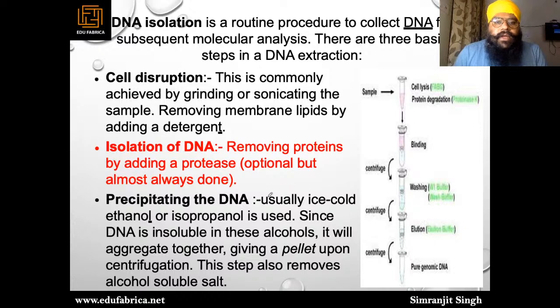Then isolation of DNA involves removing proteins by adding a protease. Then for precipitating the DNA, usually ice cold ethanol or isopropanol is used. Since DNA is insoluble in these alcohols, it will aggregate together. At the end you get a pellet upon centrifugation, and this also removes the alcohol-soluble salt.